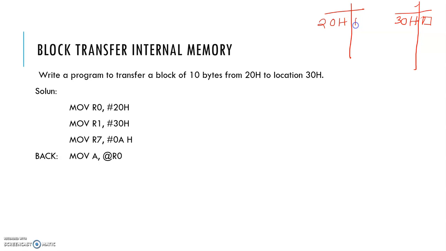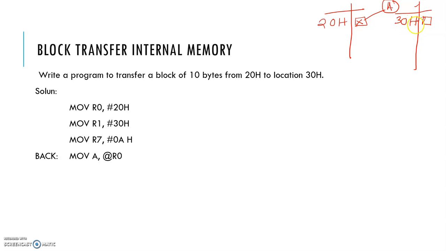MOV A, @R0 means the accumulator register gets the data from the location pointed by the R0 register. R0 is pointing to location 20 hex, so the accumulator gets data X from the 20 hex location. Now A has the data X, and next we need to place the data to 30 hex.